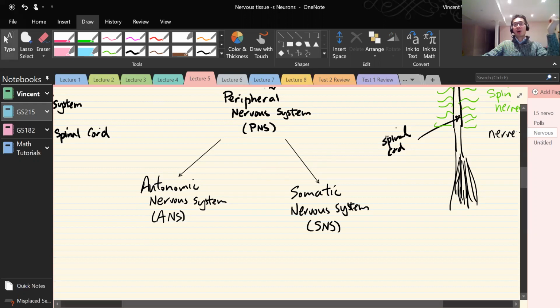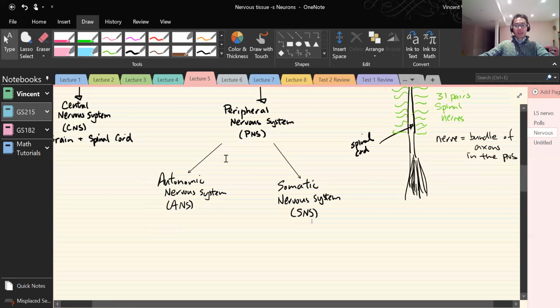So in order for me to talk, I have to use pathways within the somatic nervous system. I'm gesturing, I'm moving a hand. I can move my fingers at will. All those movements will be controlled through this particular division. All right.